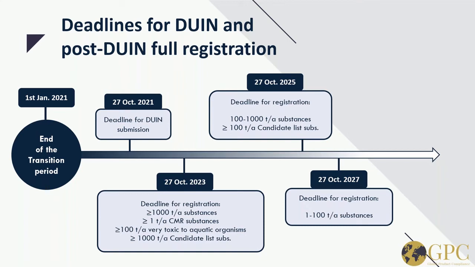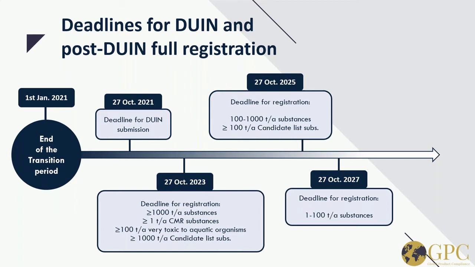So here is an approximate timeline to make it look a bit better. The deadline for DUIN submission is 27th of October 2021. I will say it many times today, so you will remember.